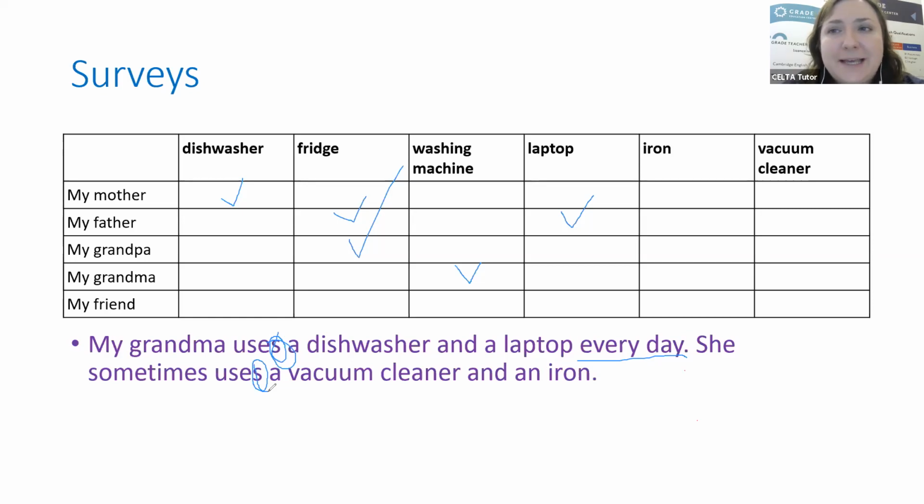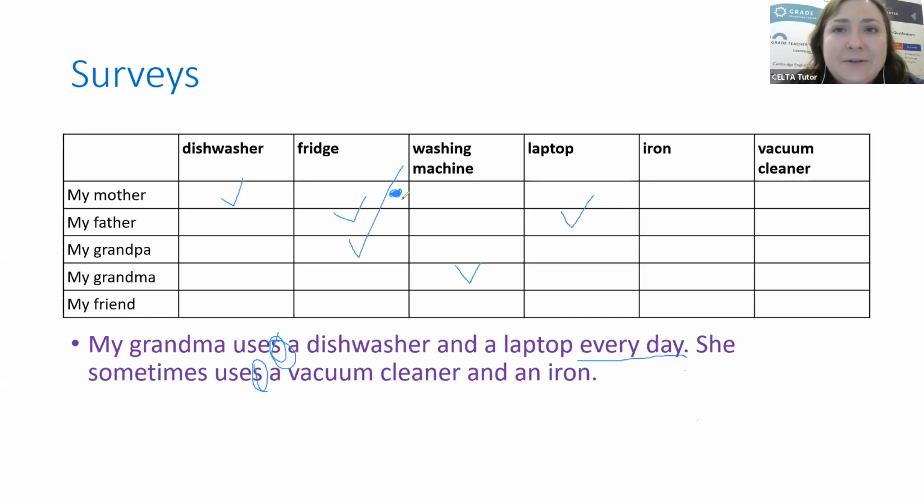I have to listen, and I have to also tick or somehow make another sign for the matches, like his grandma uses the fridge every day and my grandma uses the fridge every day. So I can turn it into a listening and speaking activity for each other.